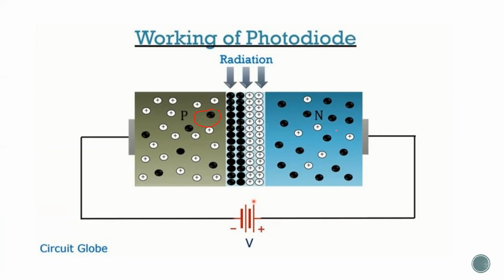The movement of these minority carriers across the junction will generate a reverse current, a small reverse dark current.